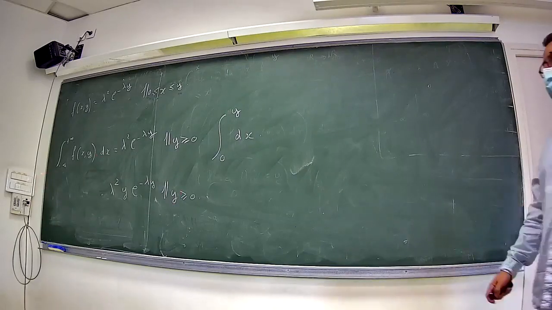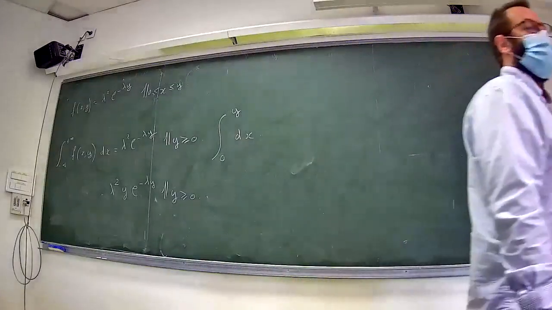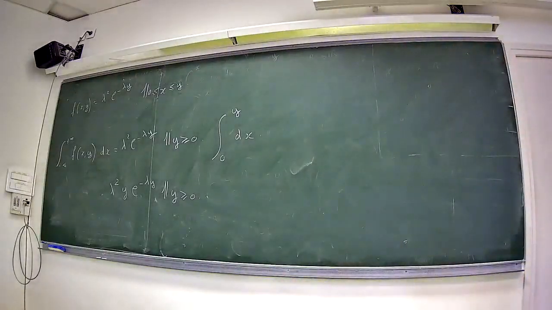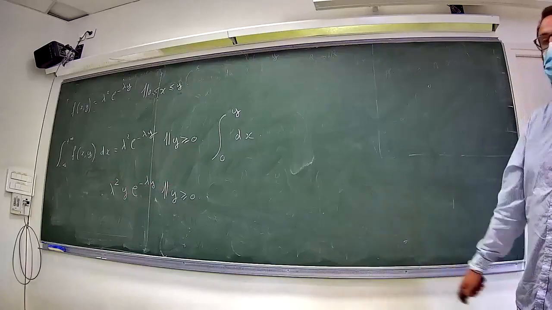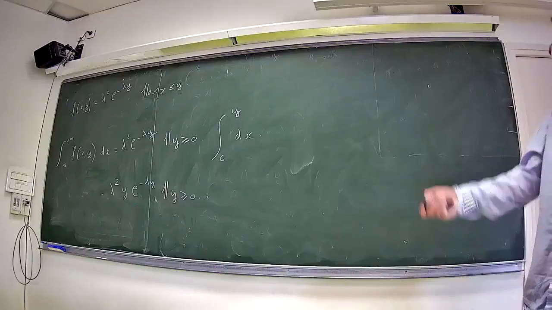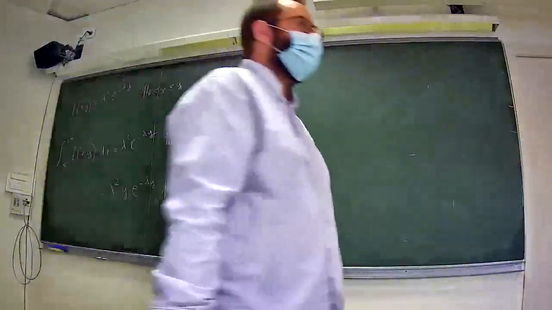I don't know if I will have the time to do this next session, but you have the exercise 5 of the list 5, okay, that define what are gamma distribution, and here you have an example of what is a gamma distribution. That is an extension and generalization of the exponential. If I don't have the y here, I have something that looks like the exponential, but with a y. Okay, so it's something that we are going to deal with next session.